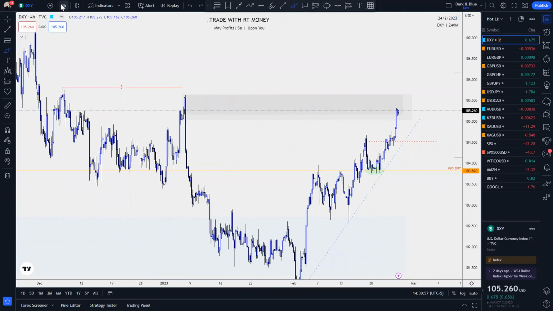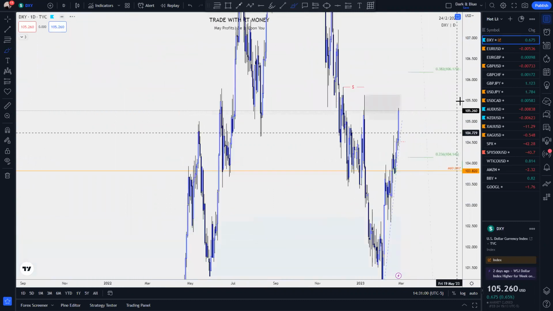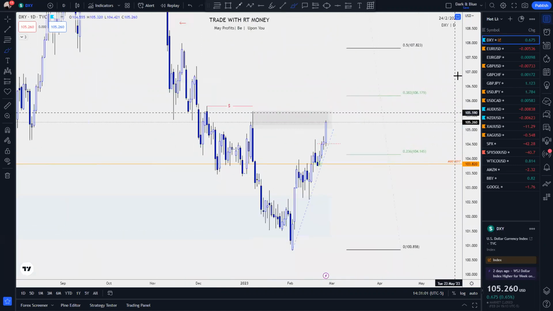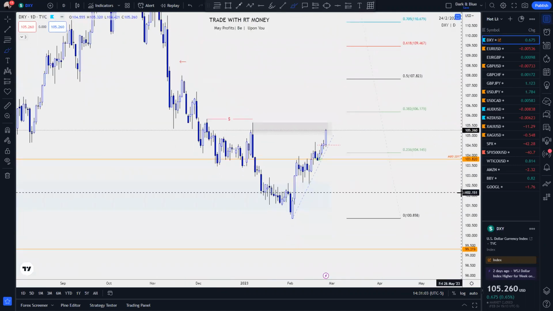So I am bullish, relatively bullish on the US dollar, bearing in mind the fundamentals at play right now with the core PCE data that came out.